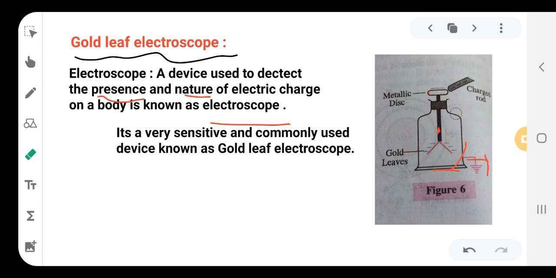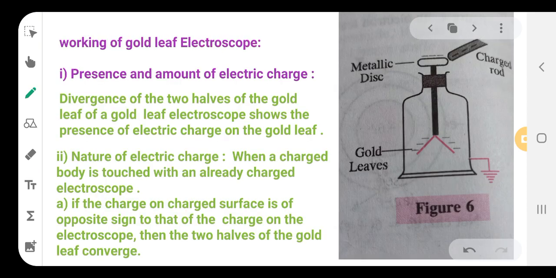Now let us go to the working of the electroscope. Hope you have understood what is known as an electroscope.